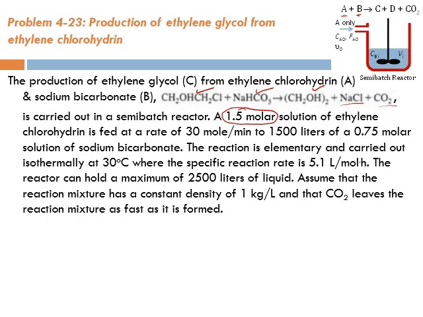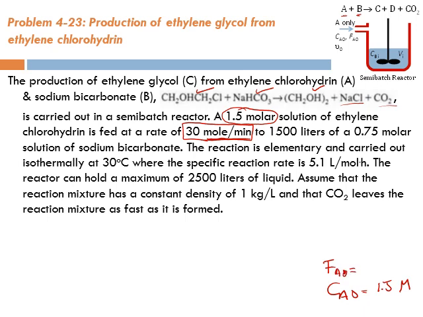So this is Ca naught. So 1.5 molar. Okay, what about it? It's fed at a rate of 30 mole per minute. Again, you look at the unit. Mole per minute. So this must be Fa naught.